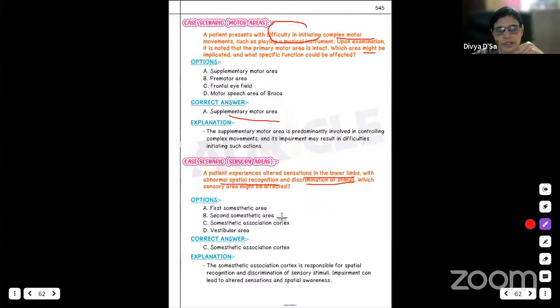The options are the somesthetic area, that is the primary sensory area, the sensory association area, and the vestibular area. Here it is the somesthetic association cortex which is affected, as it is responsible for spatial recognition and discrimination of sensory stimuli.